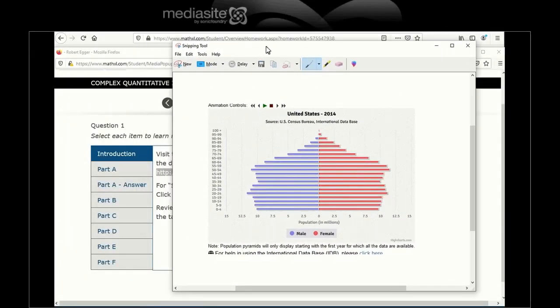Alright, so let's see what we have here. We have kind of like a side-by-side stem plot here in some respect, where we have males, basically male data, and female data.